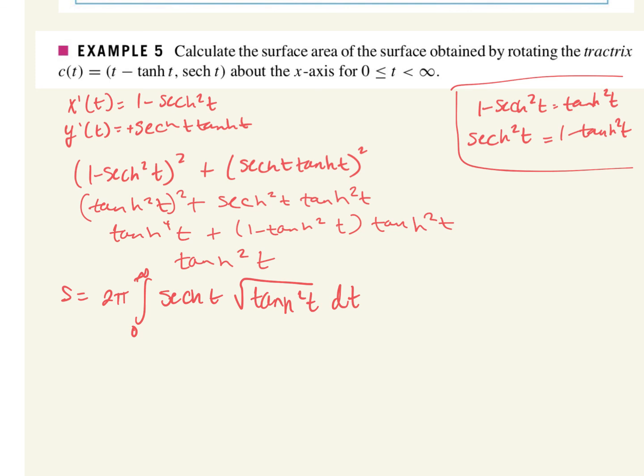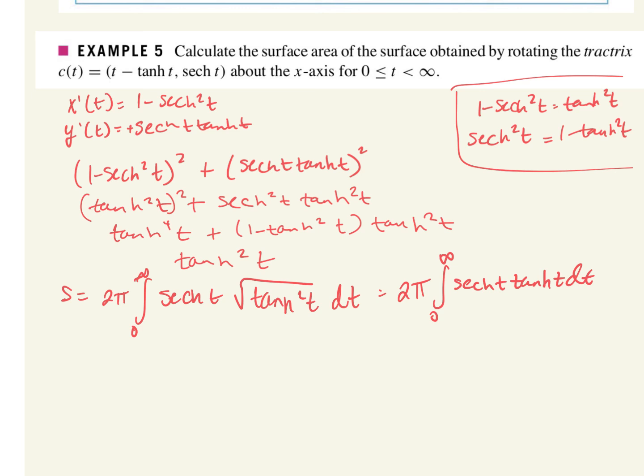Anyways, so now we've got our integral. Not so bad, because the wonderful thing is that the square root of tanh squared goes to a tanh. So we have a sech t tanh t, which we can easily integrate. So 2 pi, improper integral is correct, 0 to infinity of sech t tanh t dt. Right, so we are acknowledging that this is an improper integral.